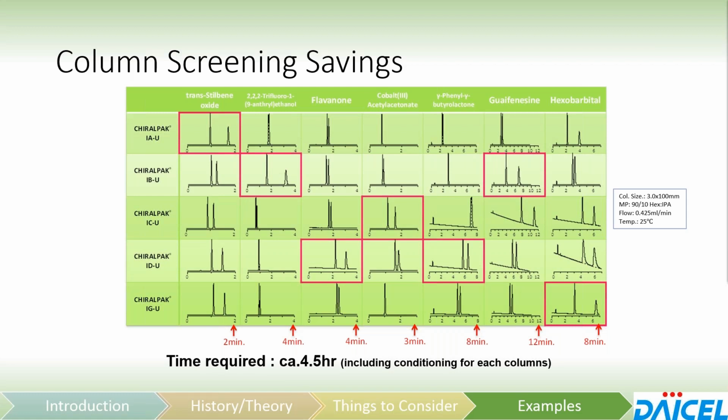So this is 4.5 hours to do a screening of 7 compounds on 5 different stationary phases, which is quite remarkable. You can imagine if you're doing either drug design or target analysis, you can screen through your library, your 96 well plate or whatever it happens to be, much more efficiently and much faster than you would have previously.